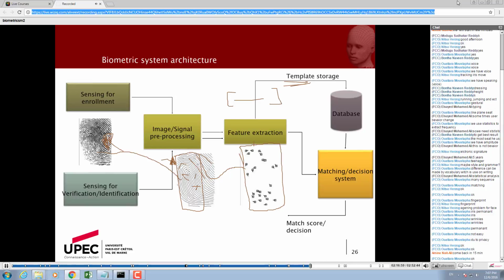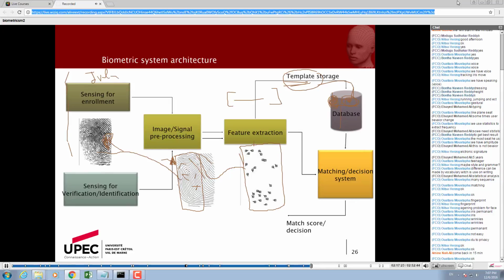You extract your features. Once you extract the features, you will save this in a template. It will be a signature. We call it template. We can call it a signature. It will be stored in a vector. And after this, it will be stored in the database.